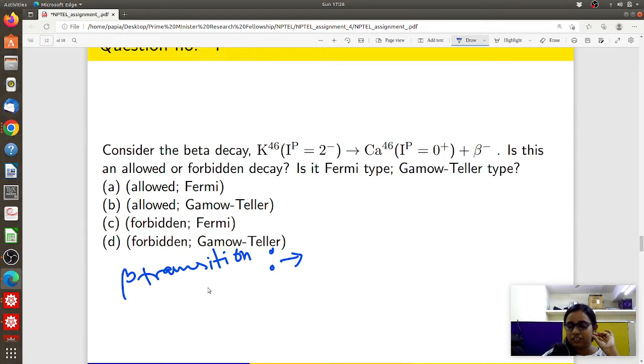First of all, we have to see whether our transition, our reaction, what is given here, is it allowed or not? This is the first question. If it is allowed, then what type of interaction it is? Is it Fermi or is it Gamow-Teller? If it is forbidden, then what type of forbidden decay it is? Is it Fermi type or is it Gamow-Teller type?